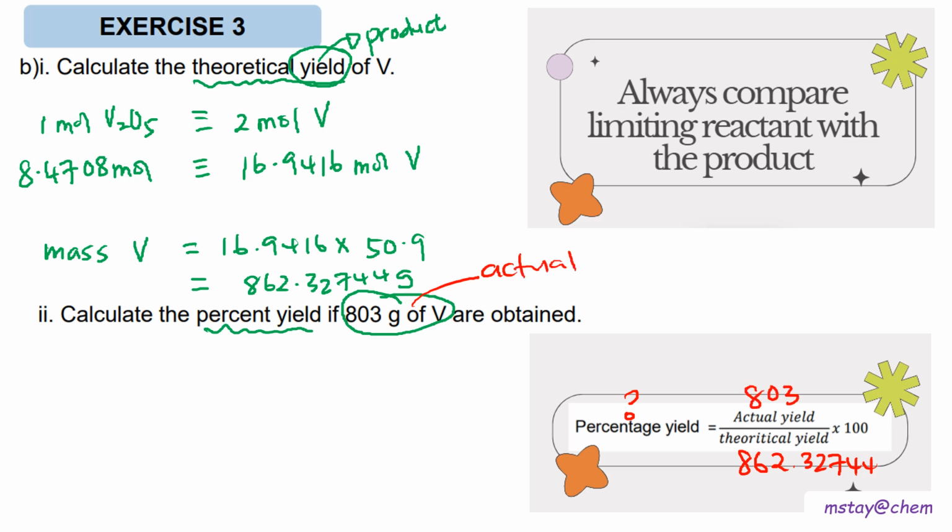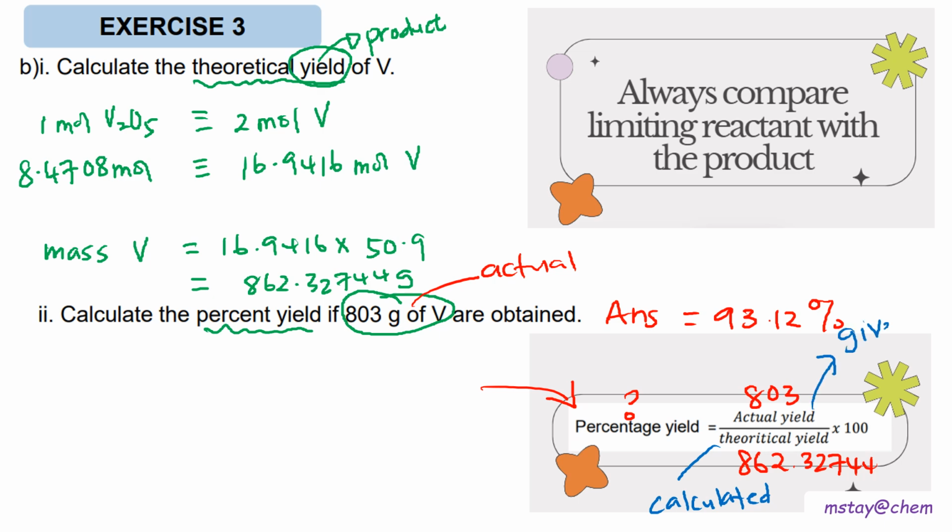If we substitute the values into this formula and press the calculator, the answer will be 93.12%. So do keep in mind that normally what you calculate will be the theoretical yield, and the actual yield is the one given in the question.